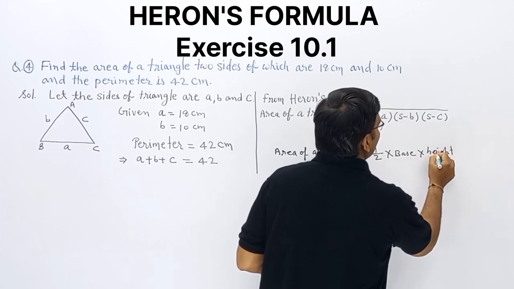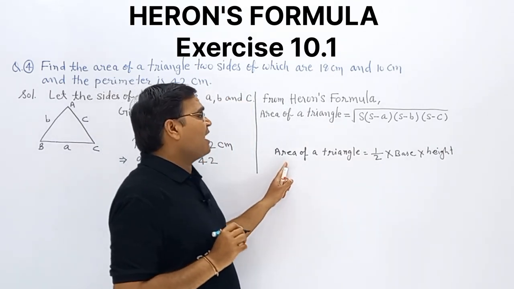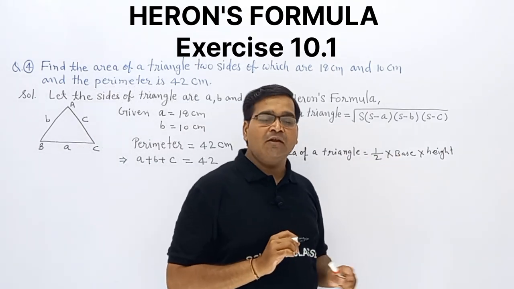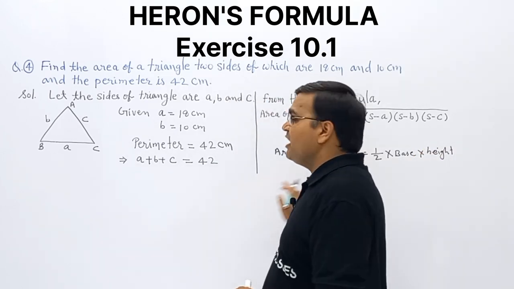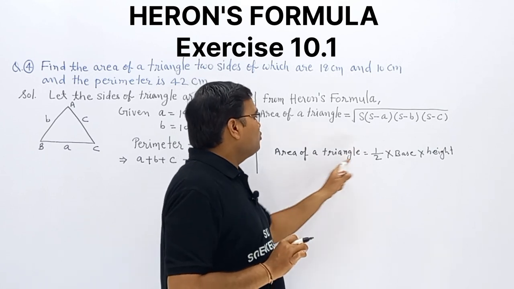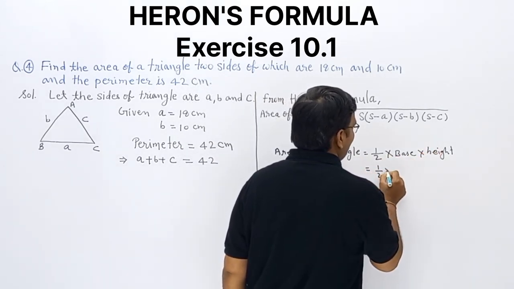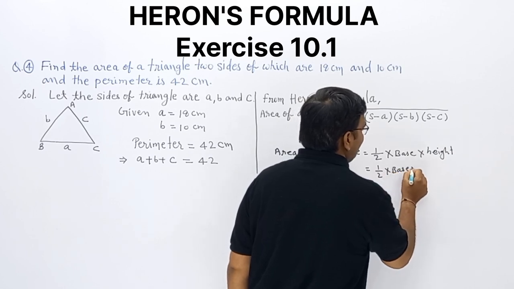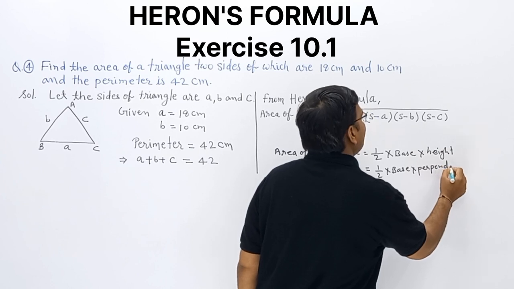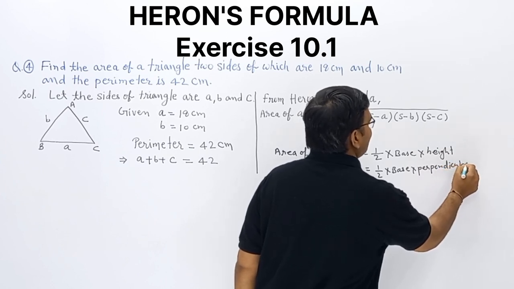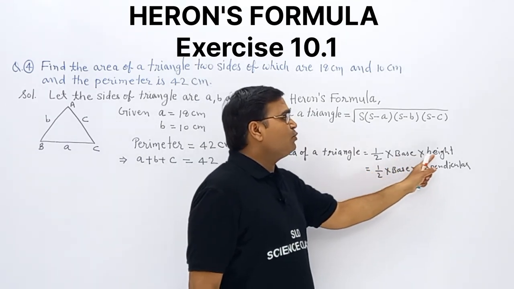We can find the area of a triangle using this formula when we have the height of the triangle. Area of a triangle equals 1 upon 2 base into height, or we can say 1 upon 2 into base into perpendicular.